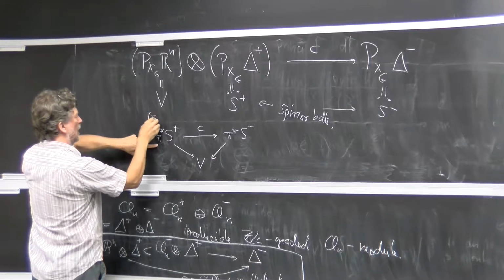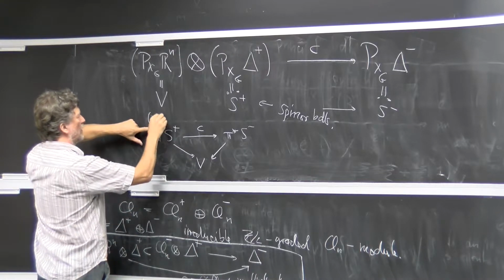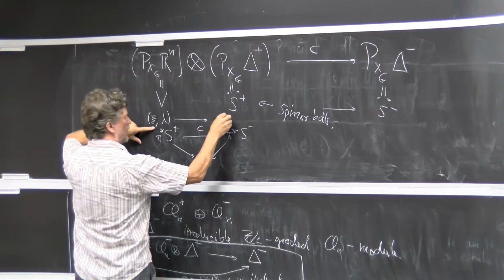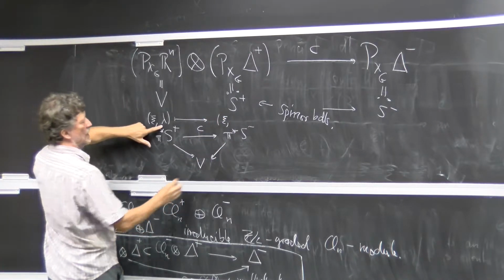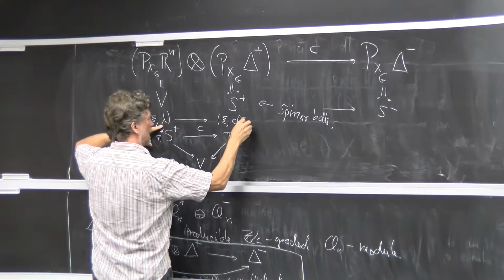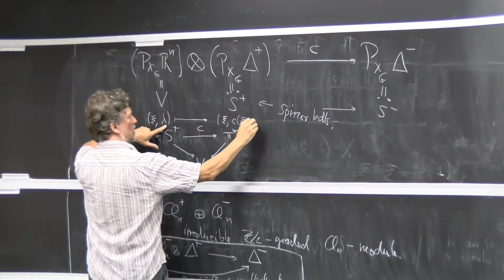Well, it's a point psi in V together with a lambda. And then I map that to the same point psi, but I take the Clifford multiplication of this vector psi with the spinor lambda.